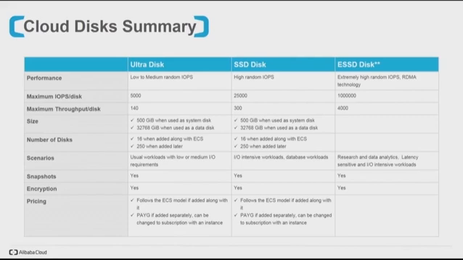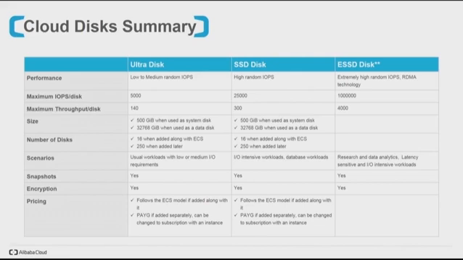You can encrypt your cloud disk. And when I say encryption, you encrypt your disk, you encrypt your data on that, you encrypt your backups taken from those cloud disks, and also you encrypt your snapshots. So everything you do on those cloud disks would be encrypted.